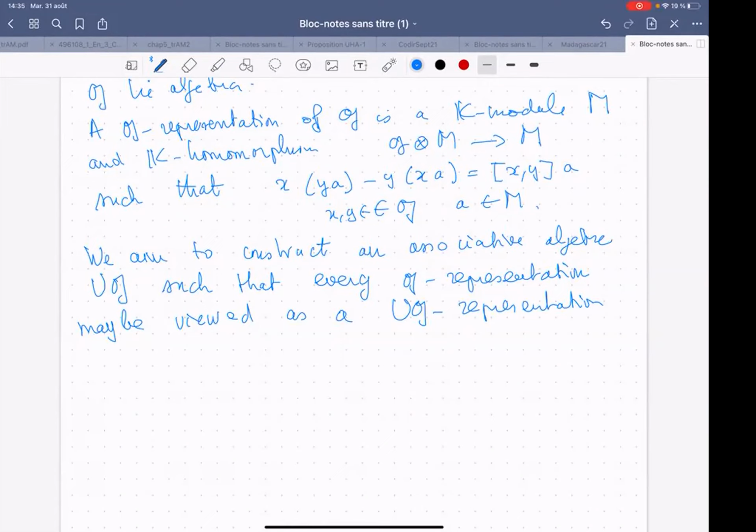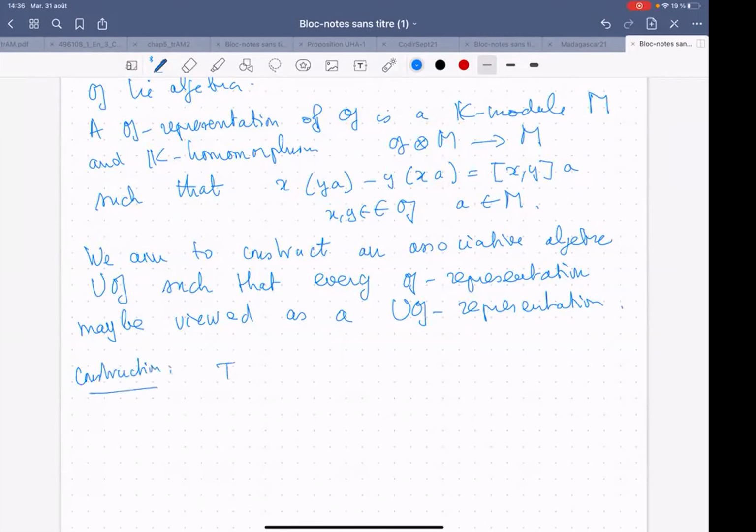And now how to do that? In fact, how to construct this U(g)? We use a tensor algebra. Then g is now viewed just as a vector space. Now the construction.